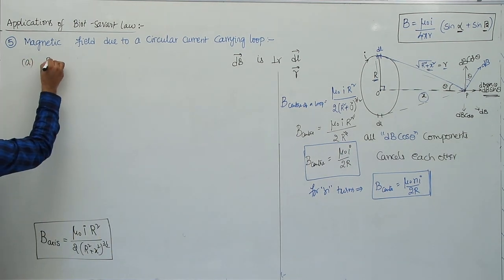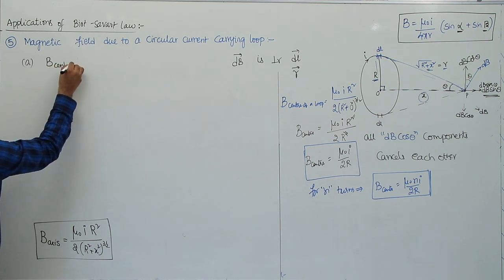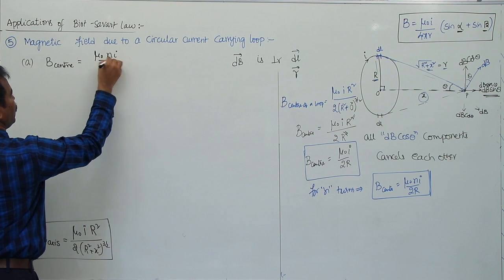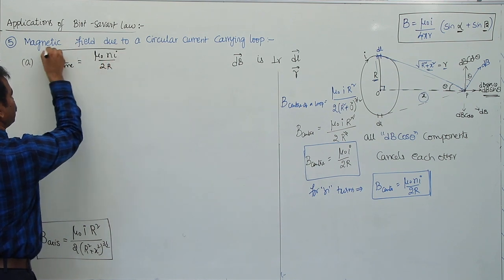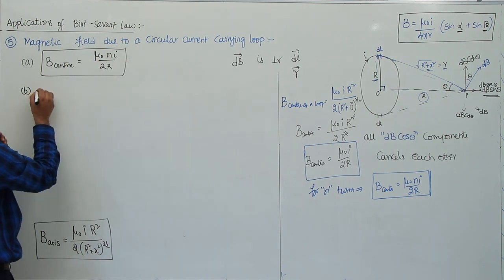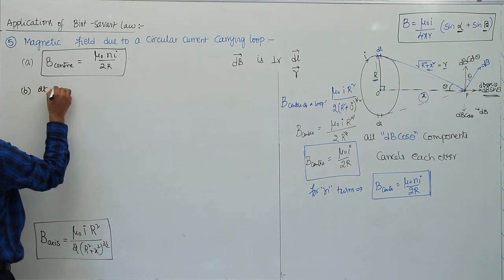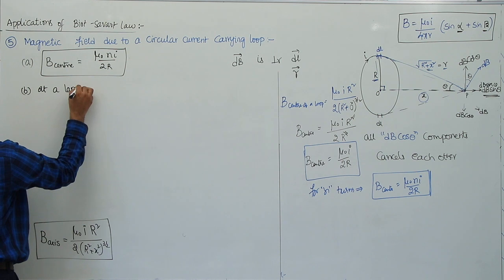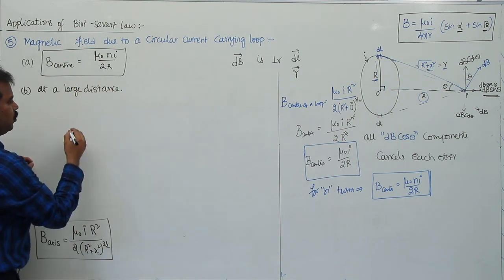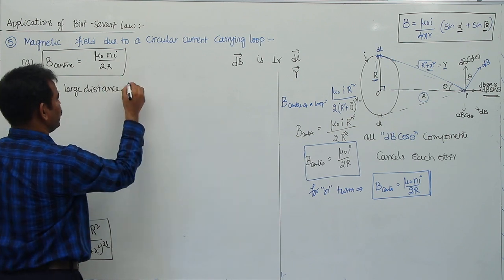In the first case, the magnetic field at the center, that we just got as mu naught n I by 2r. Second one, at a point on the axis at a large distance. Now, what happens to the formula here?